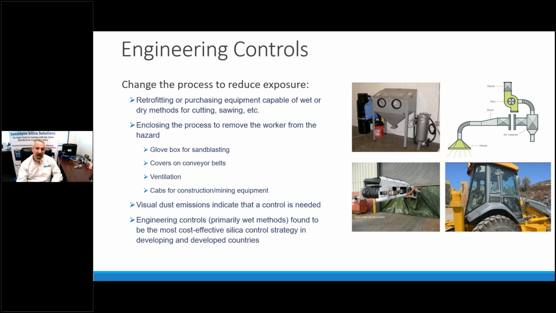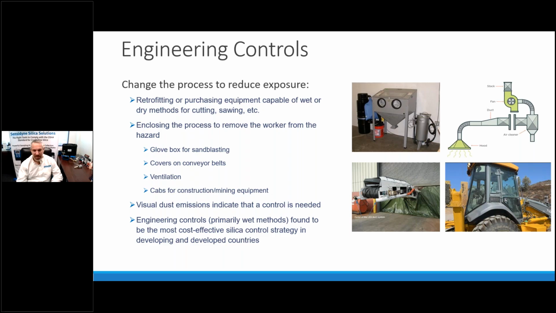This is where there was a lot of exposure within multiple industries that have been mitigated by the use of enclosed cabs. Plus, it makes it a lot more comfortable for the workers. So a lot of times they're very happy to have equipment that has enclosed cabs.